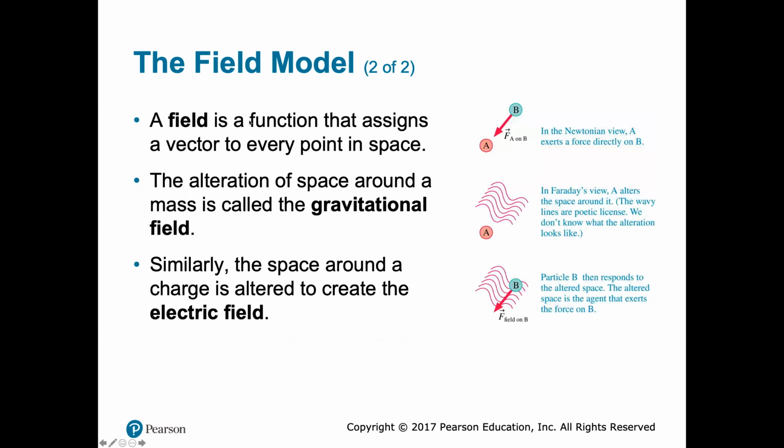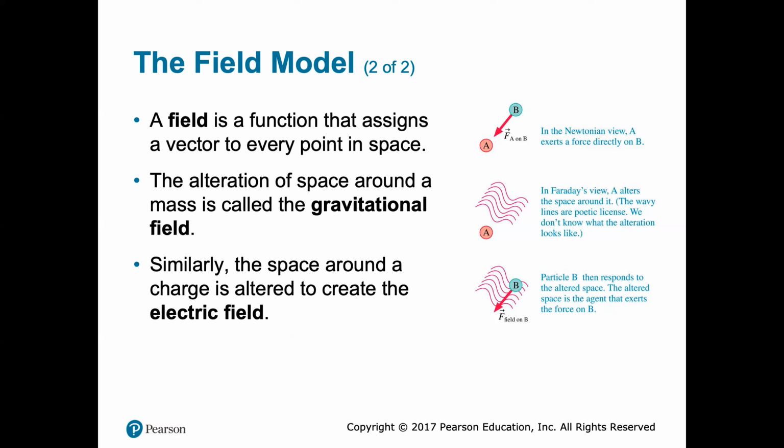And a field is a function that assigns a vector to every point in the space. The alteration of the space around a mass is called gravitational field. So the gravitational field is everywhere surrounding the Earth.